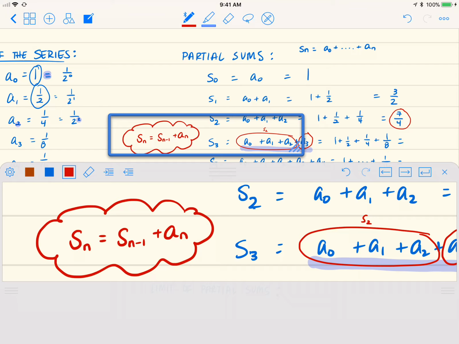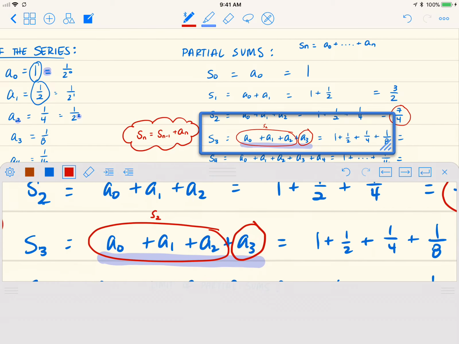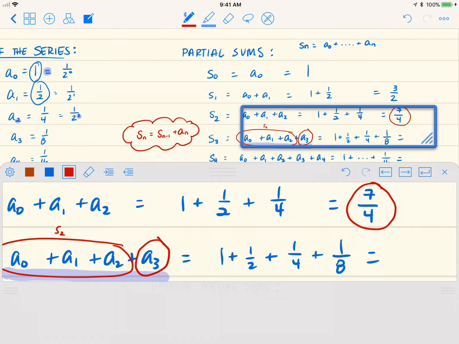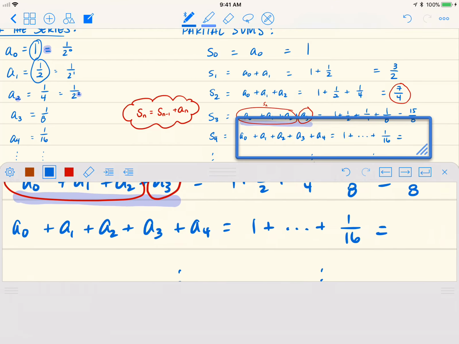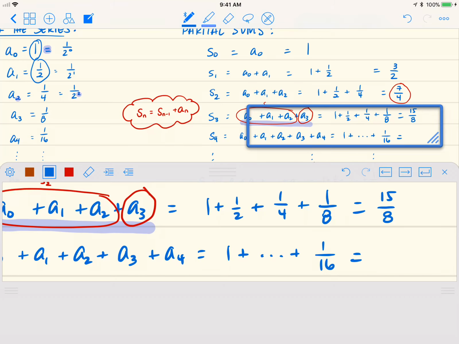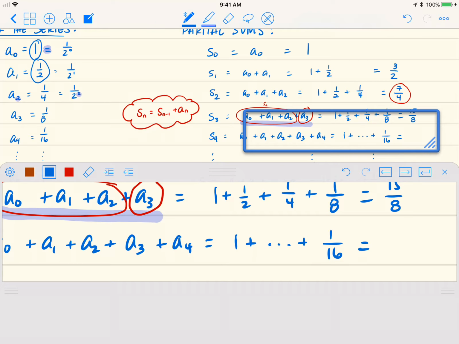So we can define Sn recursively as well. When I add it all up, however I do my adding, I should get 15 over 8. Now S4, so I have 15 over 8 plus 1 over 16, and that gives me, let's see here, over 16, should be 31.